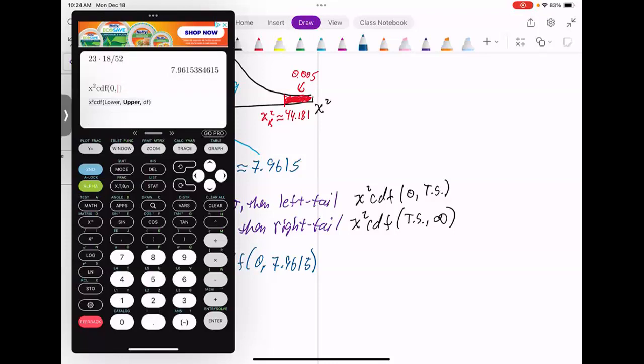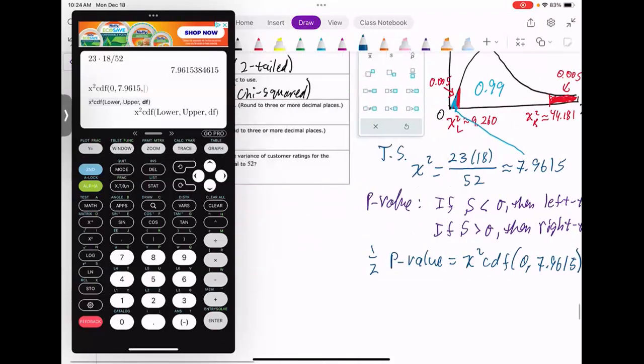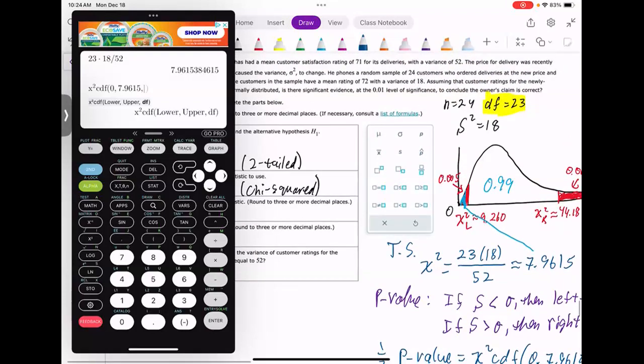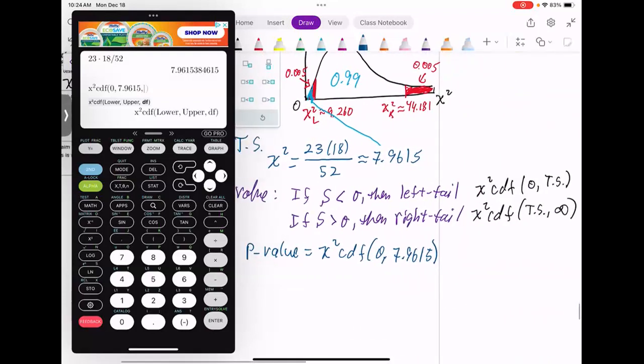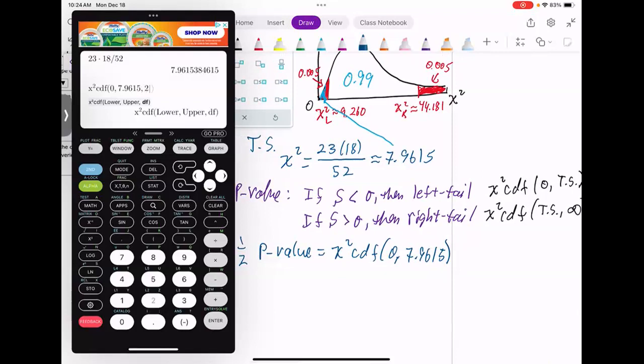If it doesn't, you have to start at the test statistic. If it's right-tailed, then you have to do the test statistic, comma 99999. This one works out for us, 7.9615. Oh, I forgot the degrees of freedom, comma. Degrees of freedom, which in this case is 23, if I remember right. 23. And there we are.